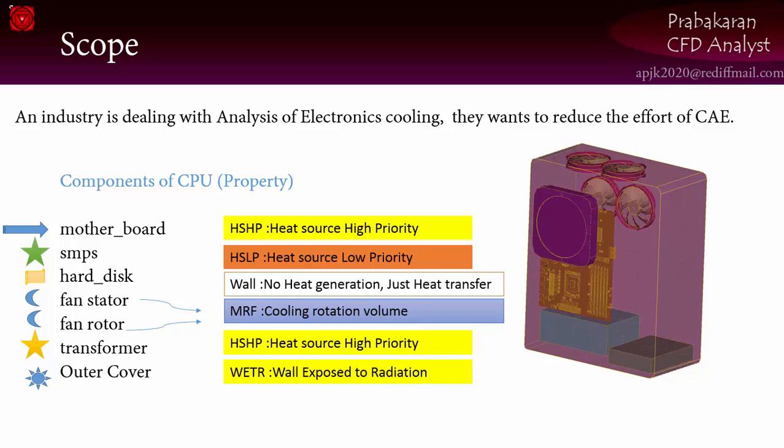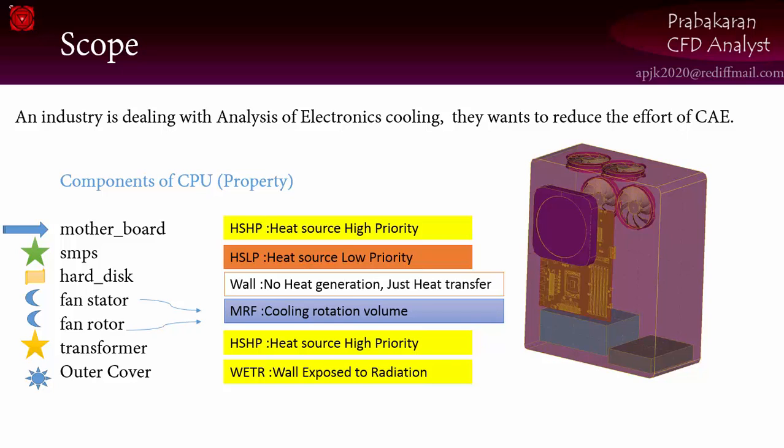So today we are going to take a CPU model, and the same kind of CPU components are getting analyzed again and again, with the parts placed somewhere from the initial position.